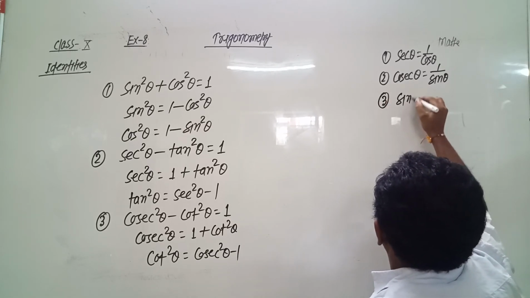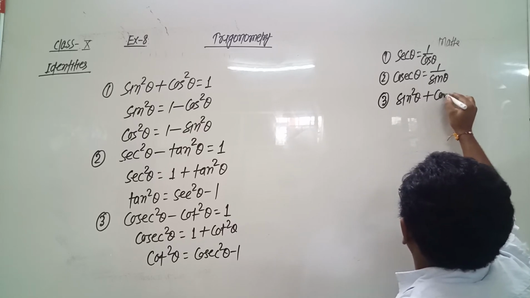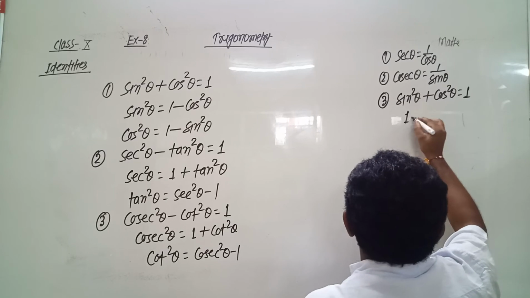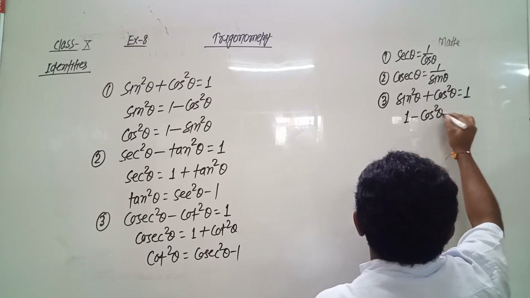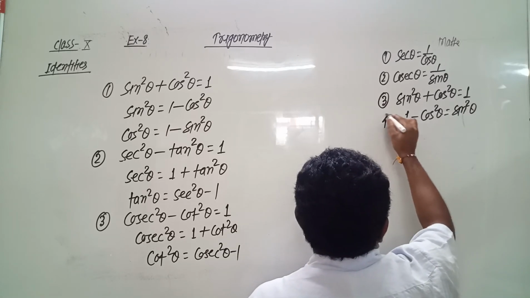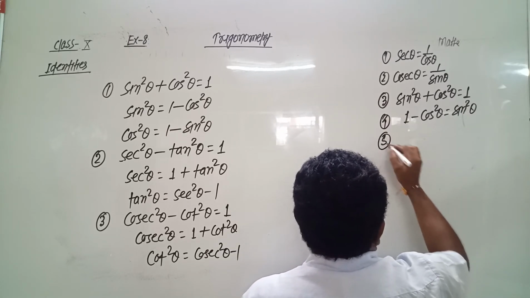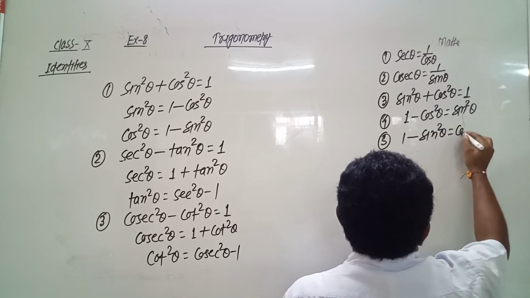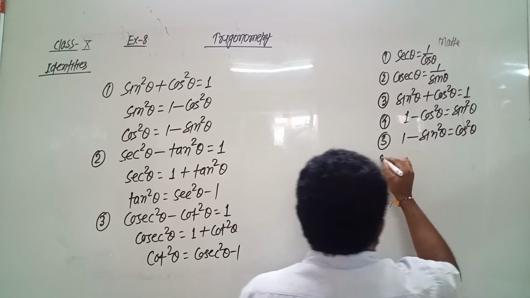Then sin squared theta plus cos squared theta equals to 1. 1 minus cos squared theta equals to sin squared theta. And 1 minus sin squared theta equals to cos squared theta.